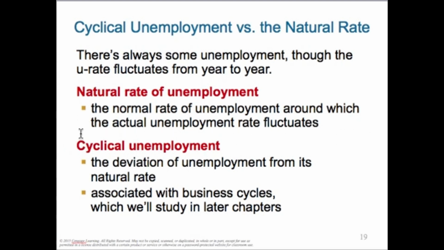You put the two together, the flat natural rate of unemployment and the unemployment rate, as these ziggly lines, and we're going to show it on the next slide. The deviations from the natural rate of unemployment up to the cyclical increases in unemployment is cyclical unemployment. It's the deviation of unemployment from its natural rate, and it's associated with business cycles, which we'll study in later chapters. So there are some ups and downs in the market.